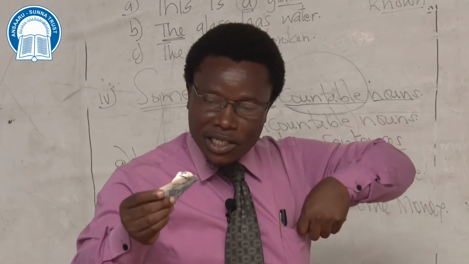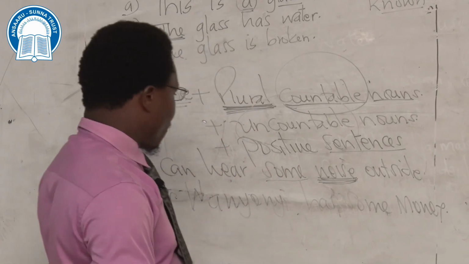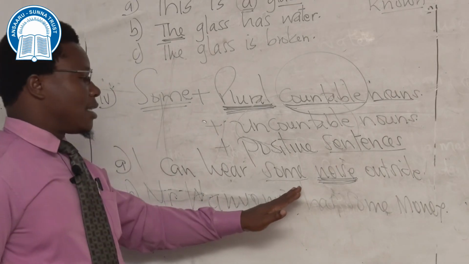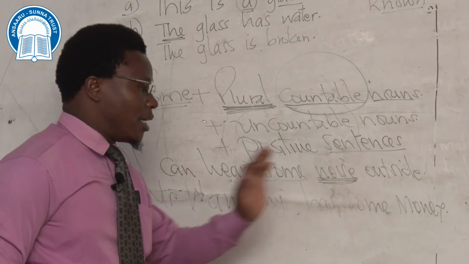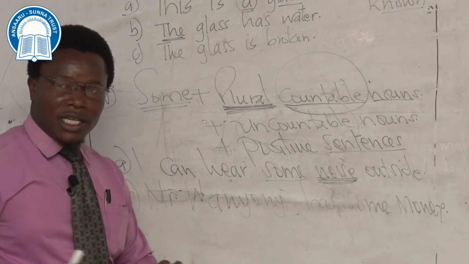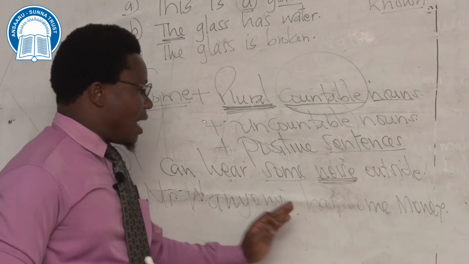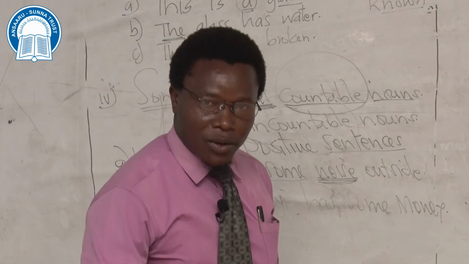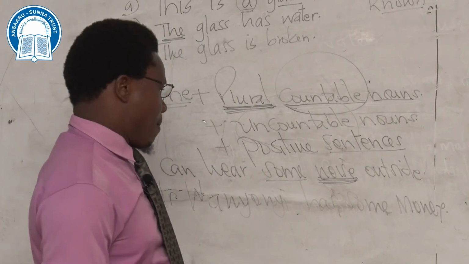So the sentence is said to be positive because he has got some money. So "some" is used with positive sentences. As I've said, I can hear some noise outside. When you listen attentively, you are able to hear noise. Mr. Wanyonyi has some money. When you check with him, he has got some money with him. That's another use of "some."